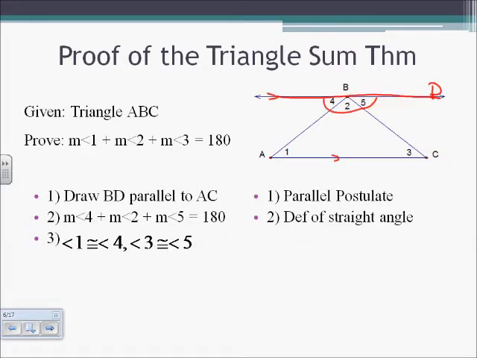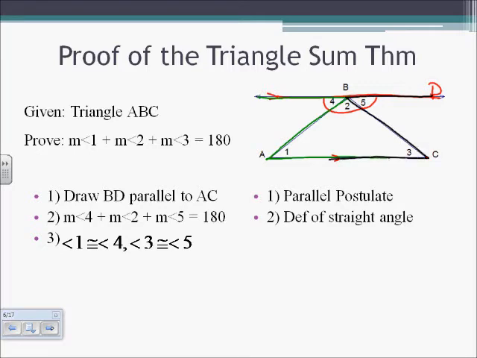If I focus in on this statement here, angle 1 congruent to 4 and angle 3 congruent to 5, I can make that statement because if I have parallel lines, think back to our previous chapter 3, I have two Z's that are formed.